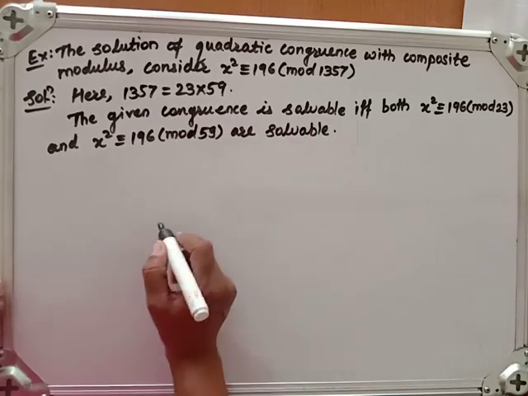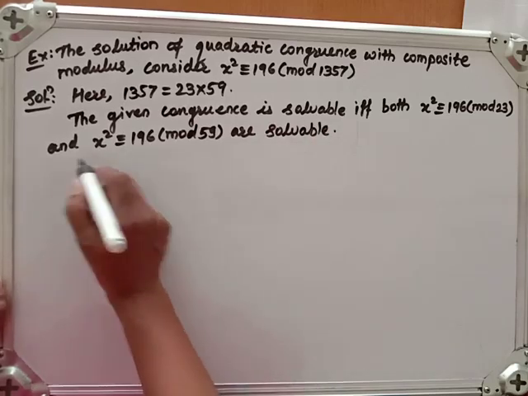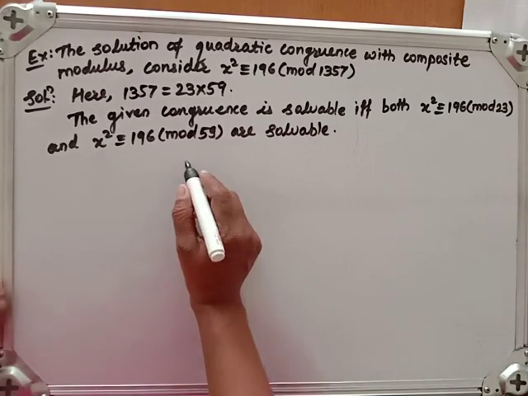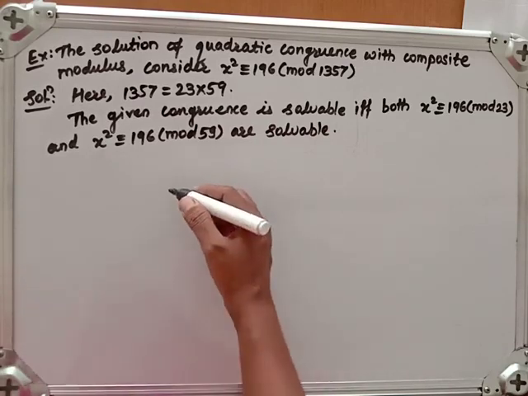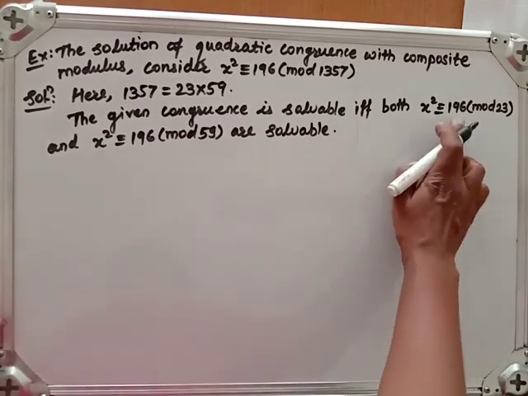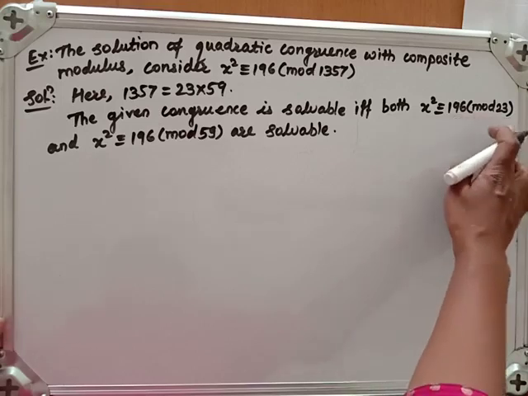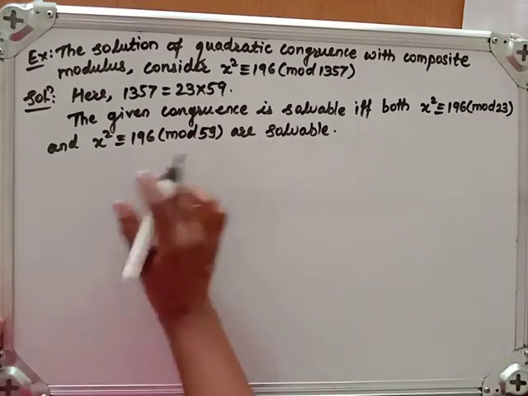Are what? Solvable. Now, to check whether these are solvable or not, we need to find the Legendre symbol of 196 by 23 and 196 by 59.